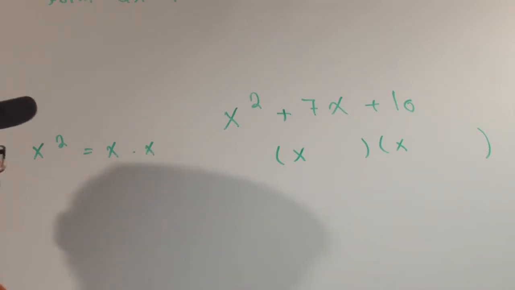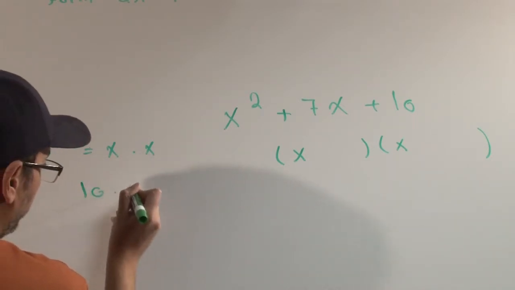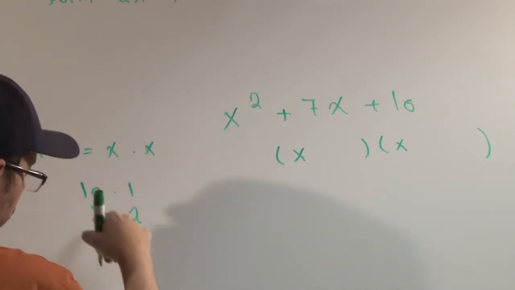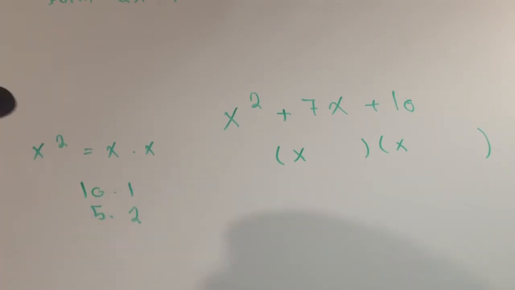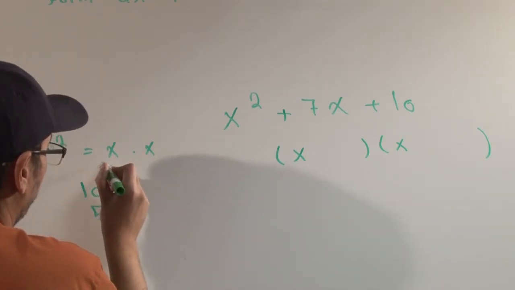What is 10? Oh, here 10 is not a prime number. So it could be 10 times 1. It could be 5 times 2. 2 times 5, oh, it's done already. So this is 10, the positive 10.